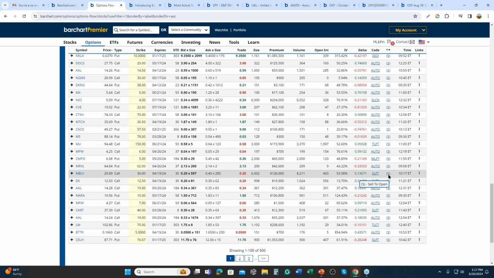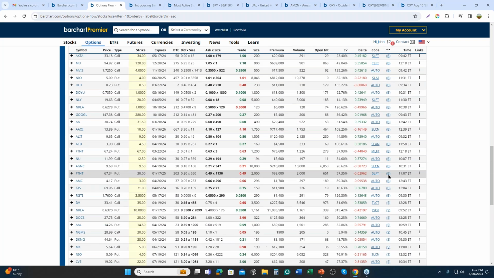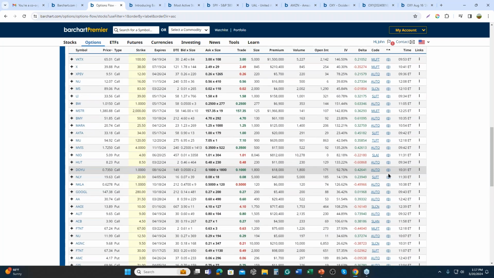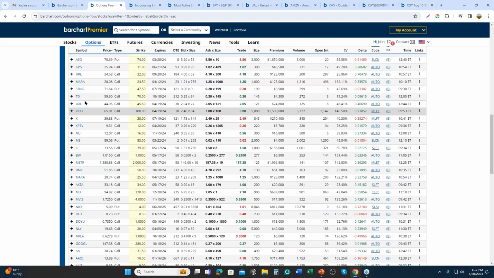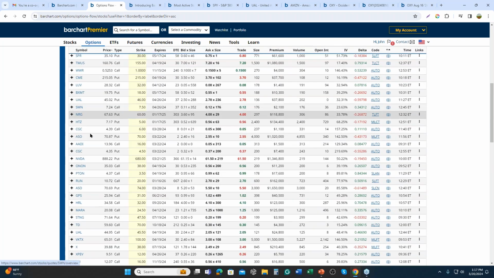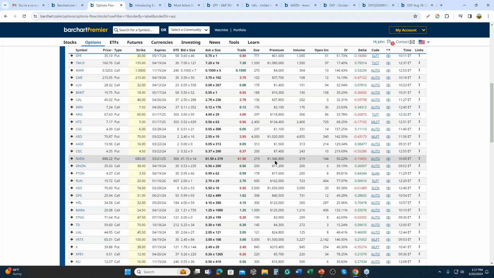I'm going to look for those that have a large amount of volume and a large premium value. More actionable trades are probably ones that are being opened versus closed. And again, I'm going to look for some of those different outliers.